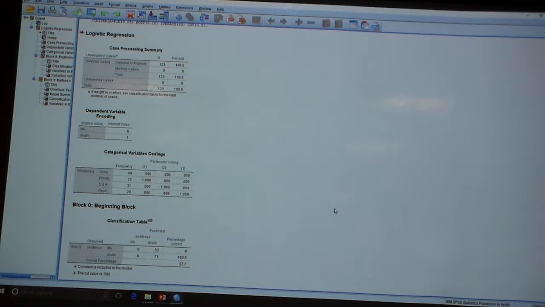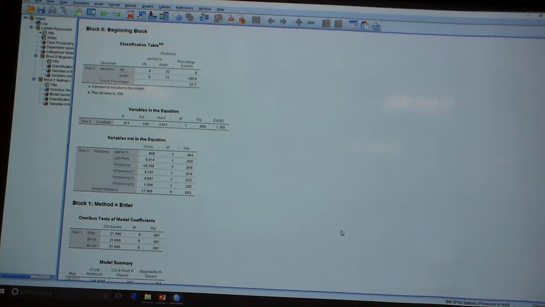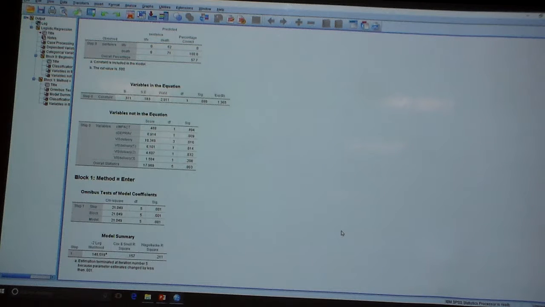And want to take a good look there, because sometimes, what happens if I'm trying to predict a very, very low base rate event? That's good. Not predict this. Right? And so if I go through and take a look at variables in my equation here, what I've got is my coefficient, the standard error of my coefficient, and then my Wald, right?